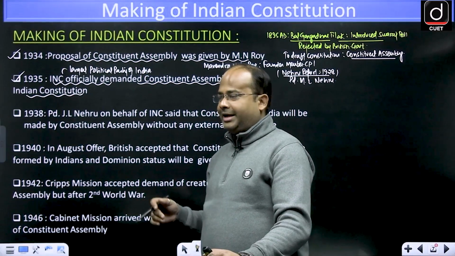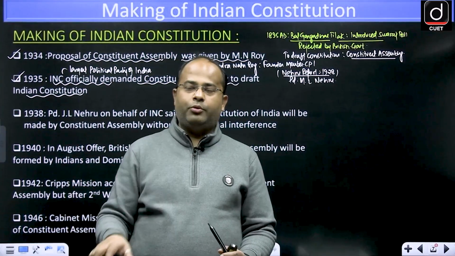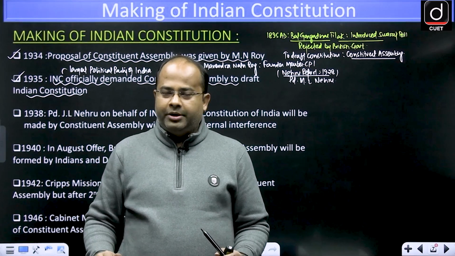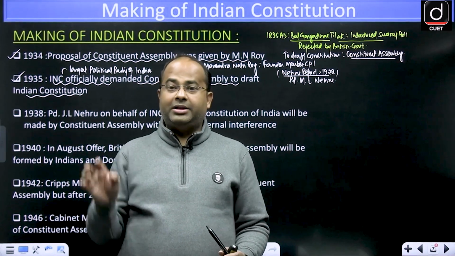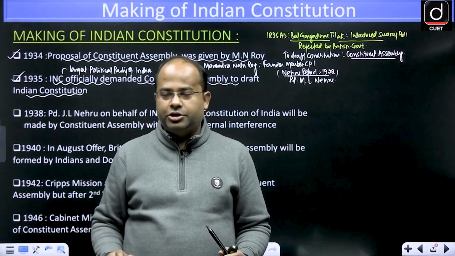So Indians showed their caliber that they can draft the Constitution of India. The Nehru Report was a proposal to draft the Constitution of India. The Britishers rejected this report, but they understood that these Indian people have the caliber to draft the Constitution.